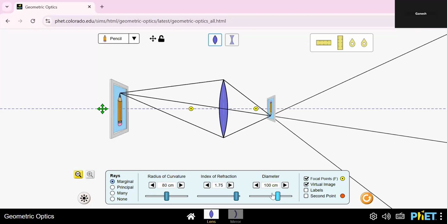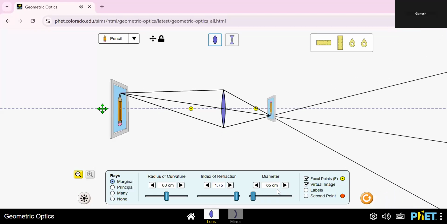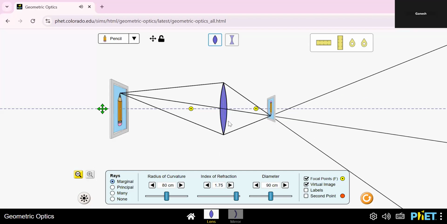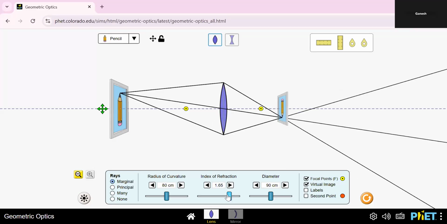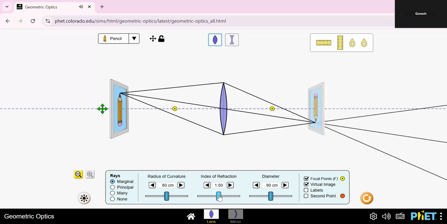When we decrease it to 65 centimeter, the size of the lens is very small. So I adjusted this to the right structure of the lens. 90 centimeter is the right position, and the index of refraction is also 1.50. So this is the right image for that 80 centimeter radius of curvature.